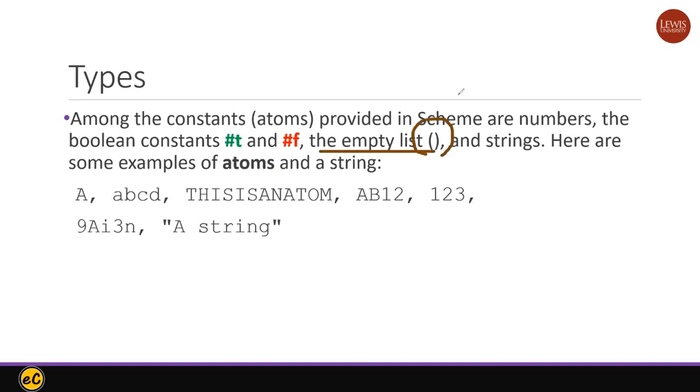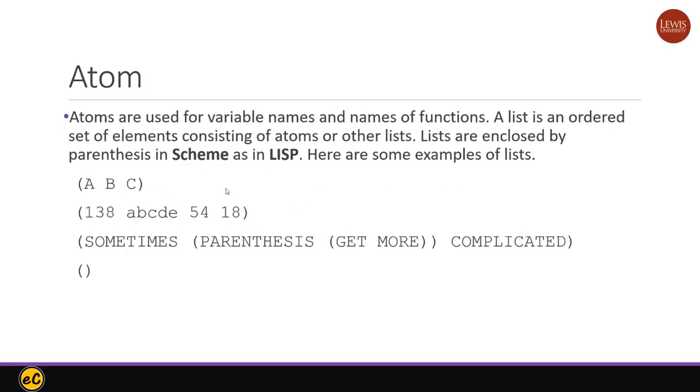It's a data type. So you have the Boolean type, the number type, the string type. These are their data types. So A, B, C are strings, then numbers, and strings, whatever, and the empty list.